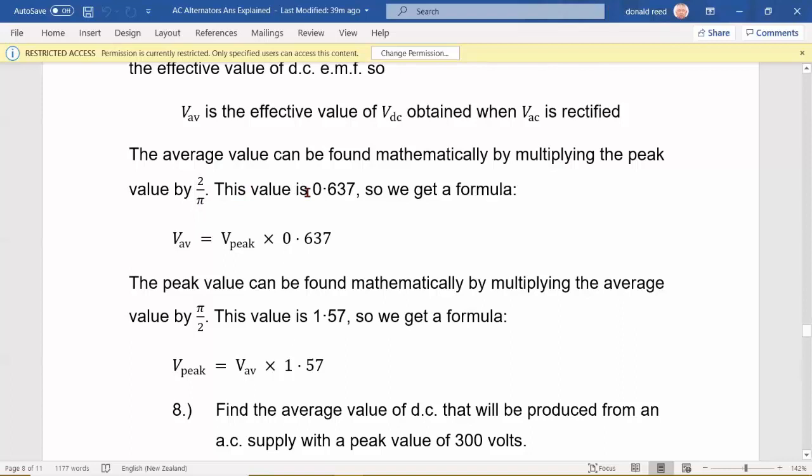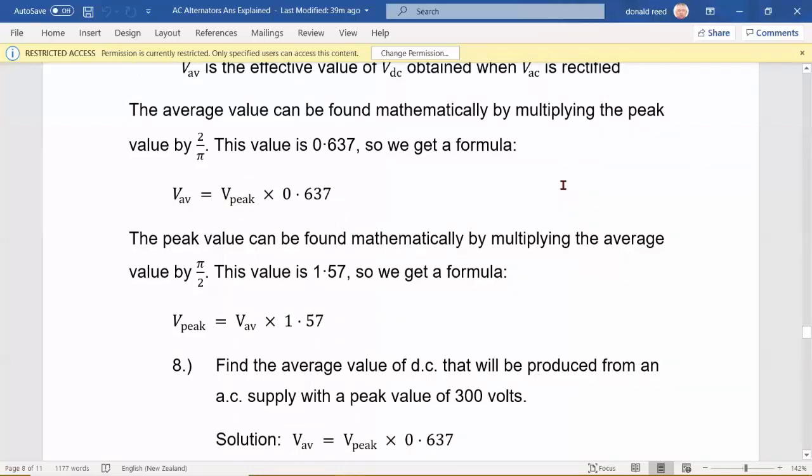This value is 0.637, and so we get a formula: V average equals V peak multiplied by 0.637. You with me there?